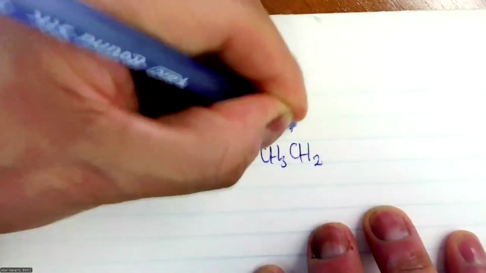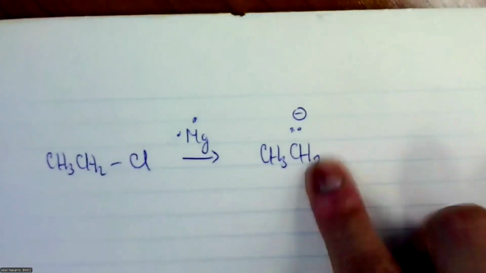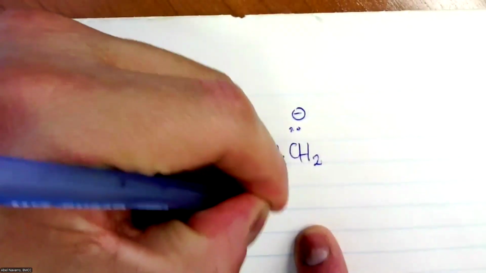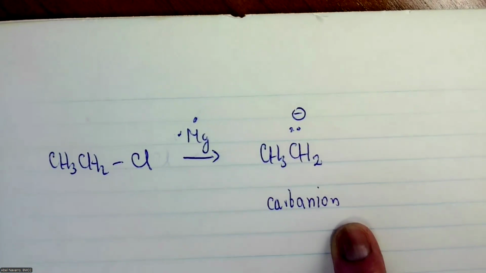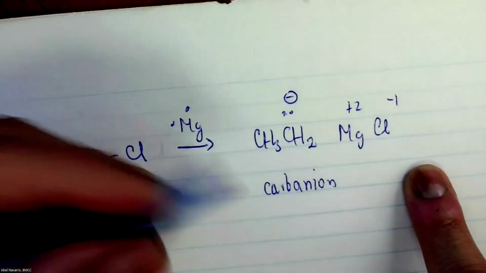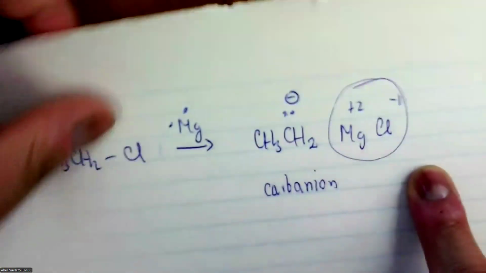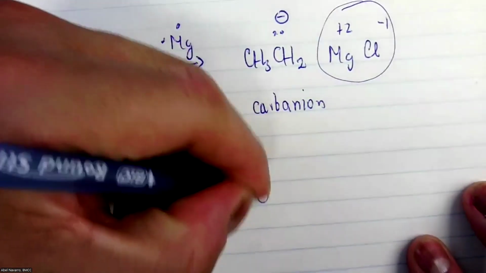Okay, so to the carbon, of course, the carbon, CH2. So you form a carbanion. No carbocation, now it's a carbanion. And then the magnesium, of course, has +2, the Cl is -1, therefore these two combined, right? It will have a plus charge.